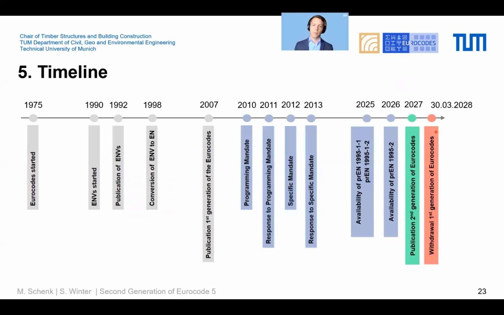The latest date of publication in the member states for all Eurocode parts, not only Eurocode 5, is determined as the 30th September 2027. The date of withdrawal of all first generation structural Eurocodes in all member states is synchronized and will be the 30th March 2028.